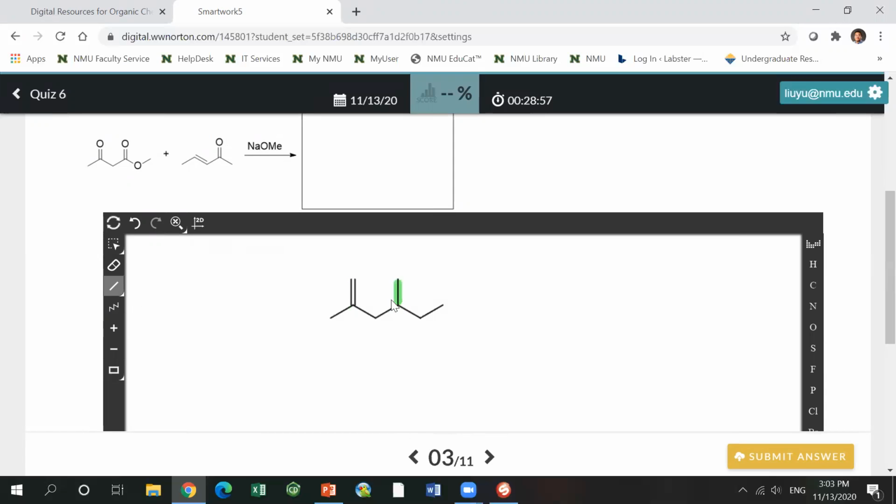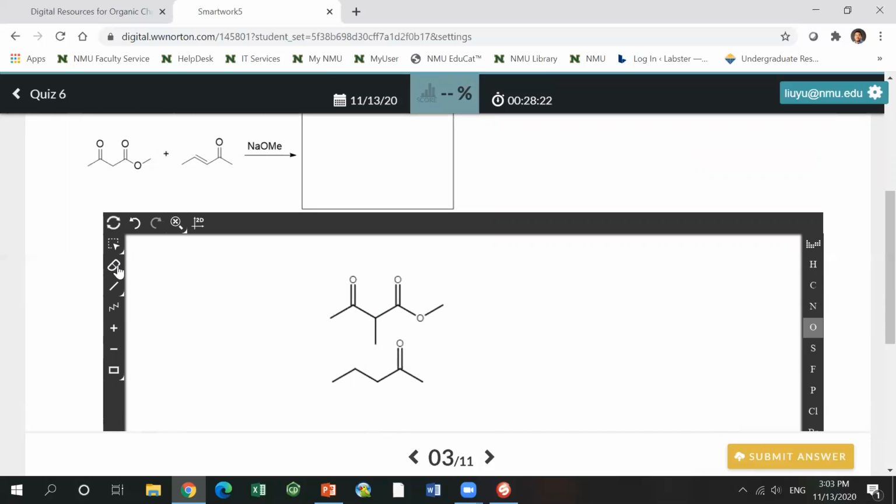So we draw the ester first. No oxygen here. So this is a real nucleophile. You build a bond with the fourth carbon of this molecule. A bond between these two.